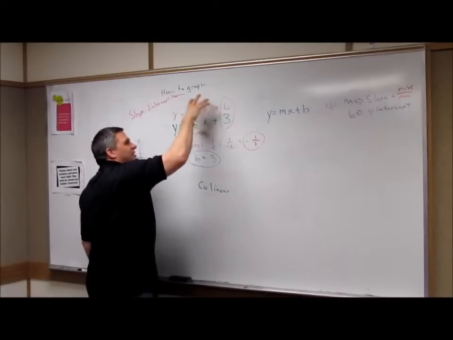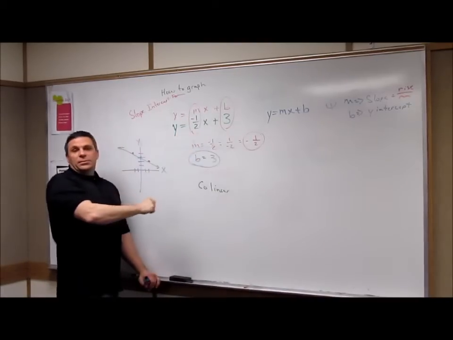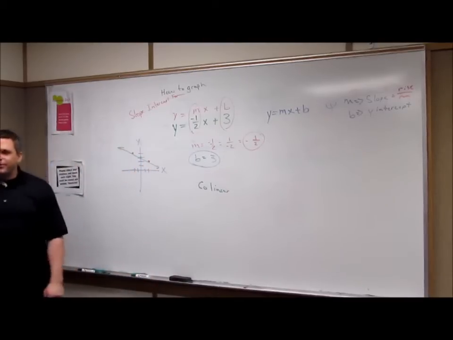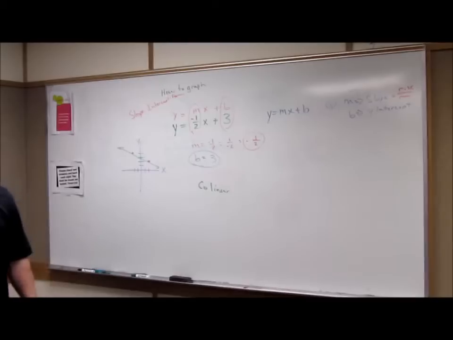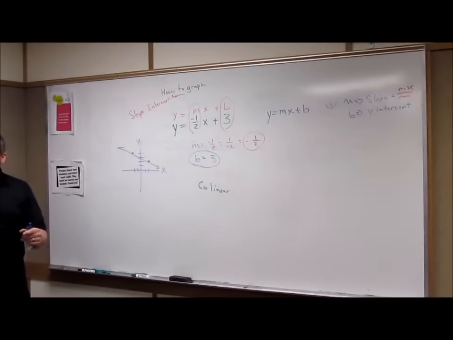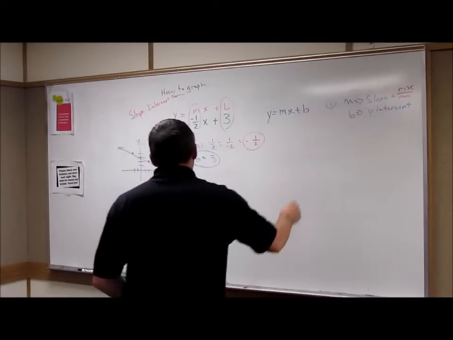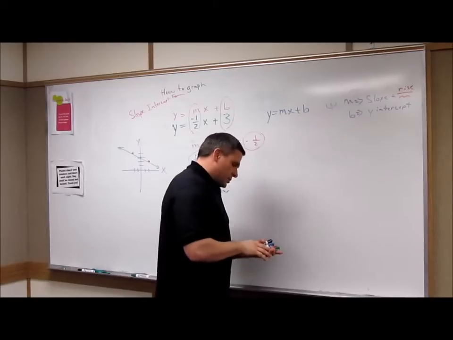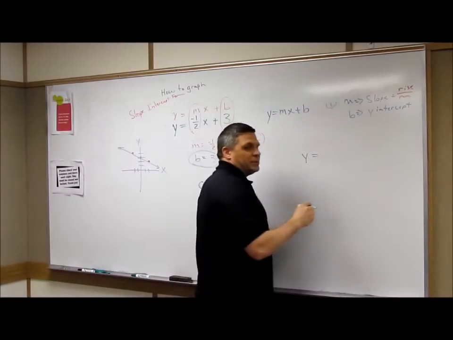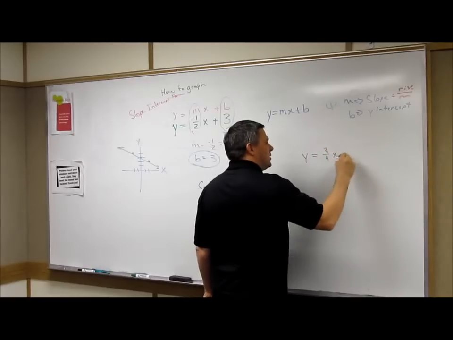If it's in slope-intercept form, you want to write out y equals mx plus b above it. Good? Try one more real quick. All right, I'm going to try it right here. y equals 3/4 x minus 2.